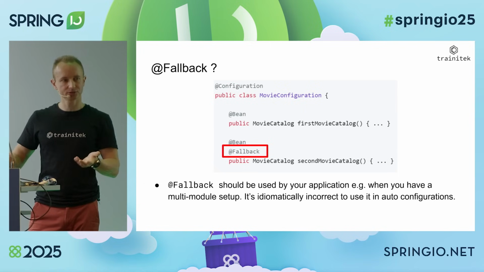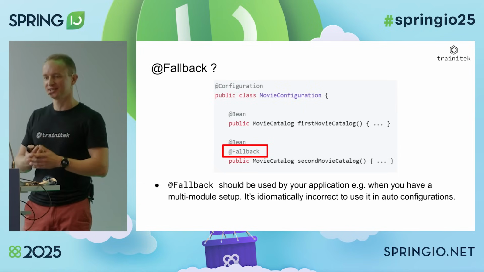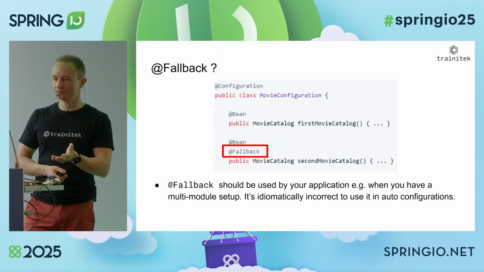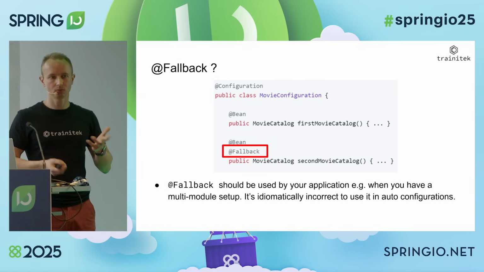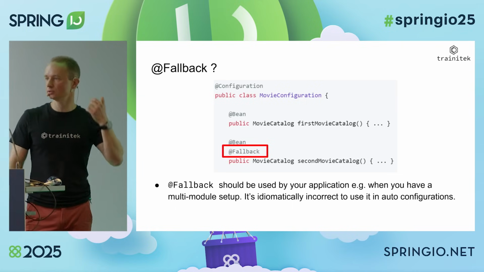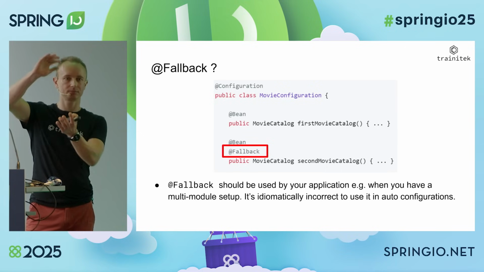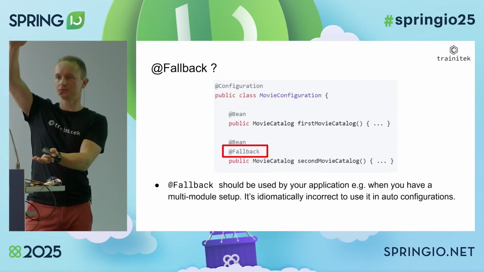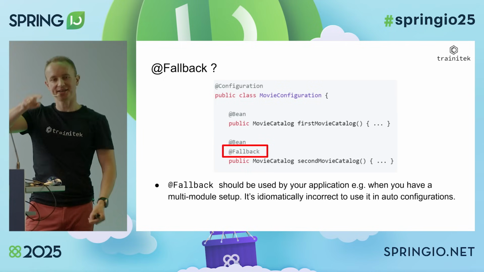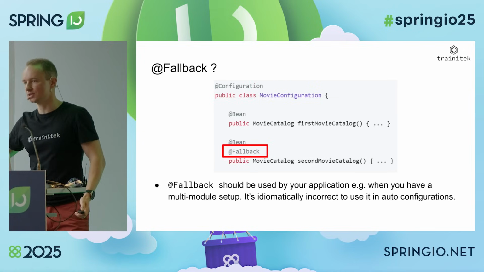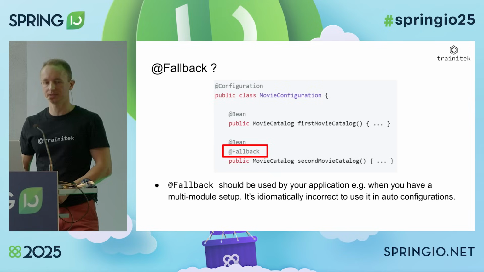If you use auto configurations, you should use the conditional annotation, and the fallback can work, for example, when you have a multi-module setup in your project. You define all the fallbacks in some default place, and in some module you can define the same bean without any primary annotation.